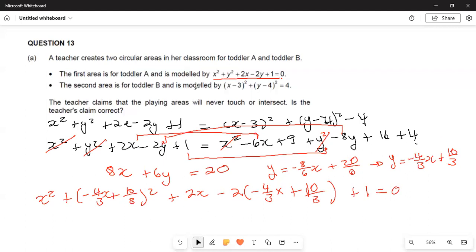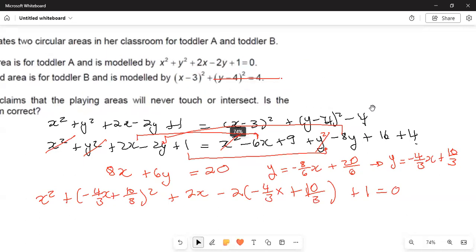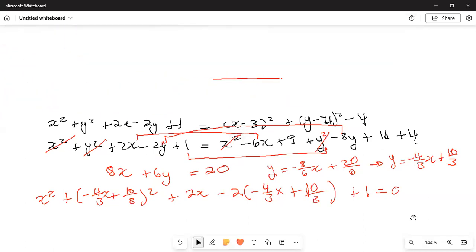Let's go a little bit up so we have enough room to work it out. It doesn't want to go up, a bit of a problem there, so let's just see what we can do.